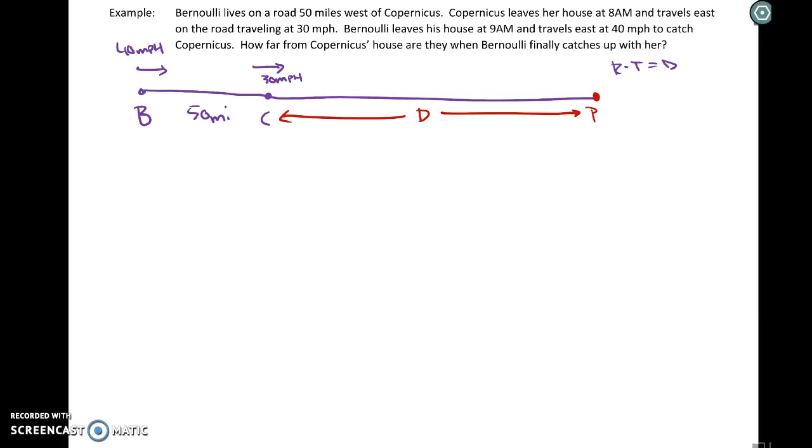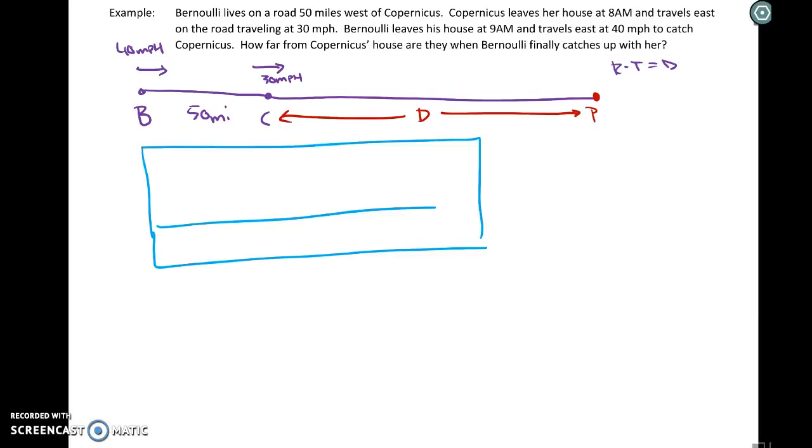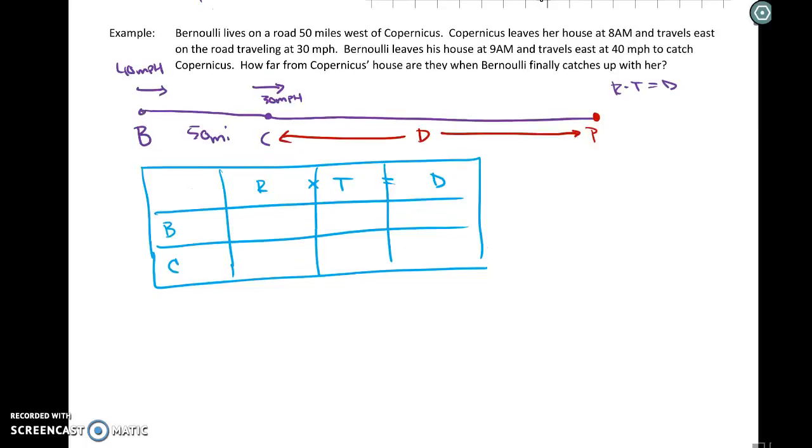I don't know if you remember doing this in Algebra 1, but sometimes a table of values helps you organize your information. We got Bernoulli, we got Copernicus, and we know rate times time equals distance. Bernoulli travels 40 miles an hour. Copernicus travels 30.